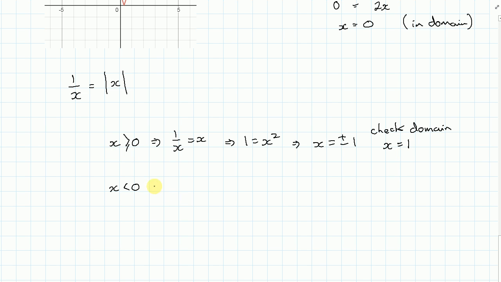When x is less than 0, let's see if we get some solutions. We've got 1 over x is equal to minus x now, because the modulus is working, and that leads us to minus 1 equals x squared. So x squared is negative, which means x is equal to the square root of minus 1, and there are no real solutions.